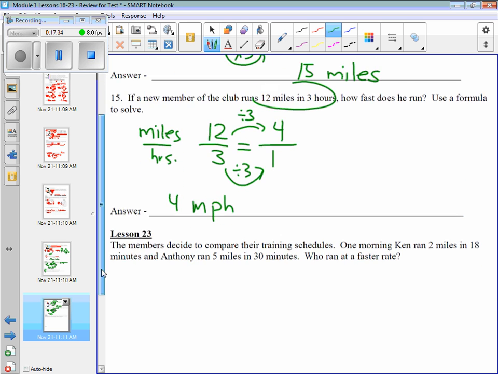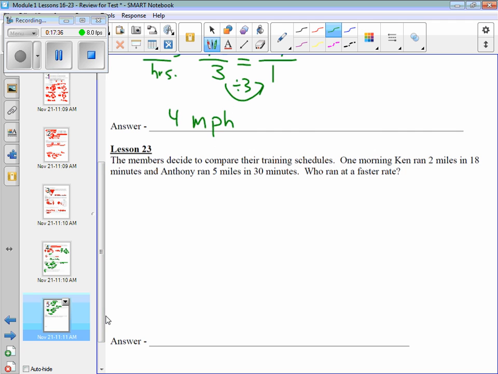And finally, here's the last one. We need to see who's running at a faster rate, so we're really talking about 2 TRFs. I think the easier way to do this is putting miles on top over minutes and finding the unit rate per mile like we've been doing. If you reverse it and find the unit rate per minute, it'll still work, but you wind up dealing with decimals.